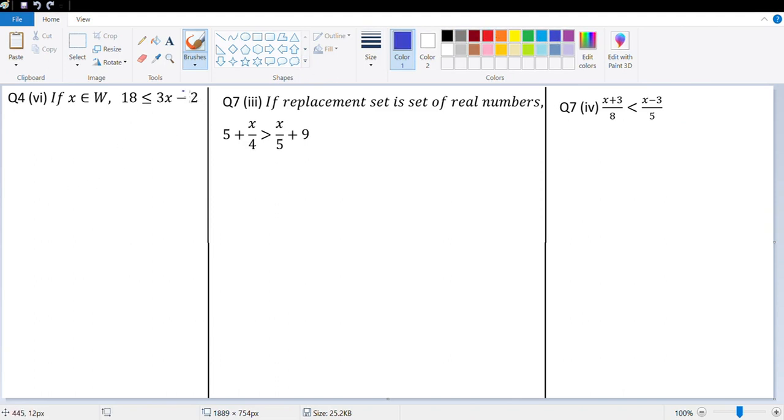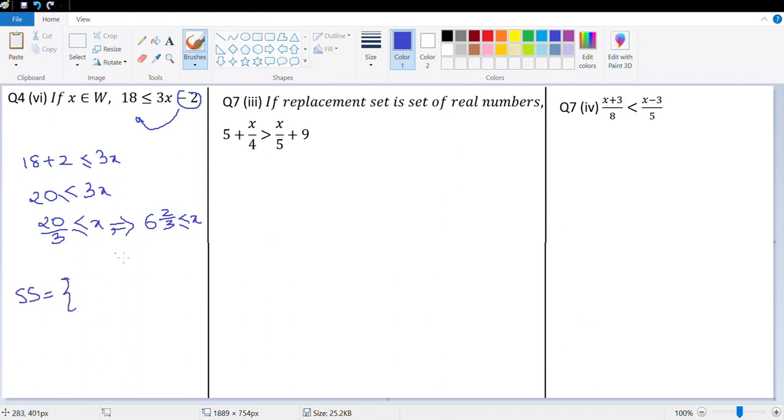So let's take negative 2 on this side, becomes 18 plus 2 is less than or equal to 3x, 20 is less than or equal to 3x, which means 20 upon 3 is less than or equal to x, which means 6 2 by 3 is less than or equal to x, which means x is more than 6 2 by 3, which means solution set is more than 6, which means 7, 8, 9, and this is whole number, which means it's going up to infinity. So that's my solution set.